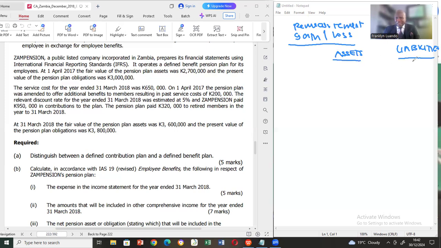So the opening balance, the balance brought forward, we are told the asset is 27. We can work with thousands. The obligation was 3,000.